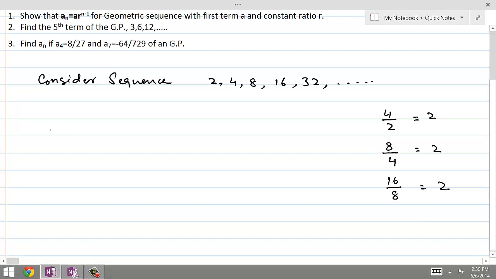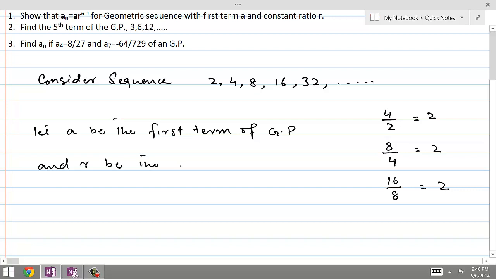So let us assume that A is the first term of the geometric progression, GP, and R is the common ratio.